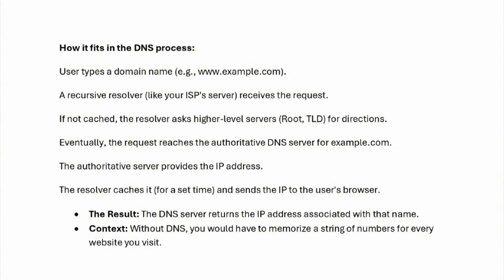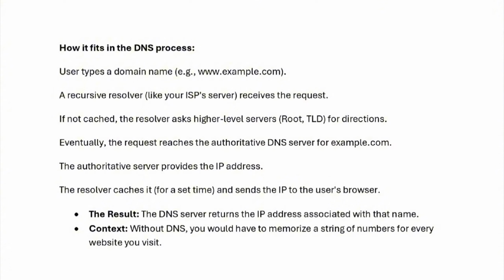How it fits in the DNS process. Users type a domain name, that is example.com. A recursive resolver, like your ISP's (internet service provider's) server, receives the request. If not cached, the resolver asks high level servers, root and TLD, for directions.